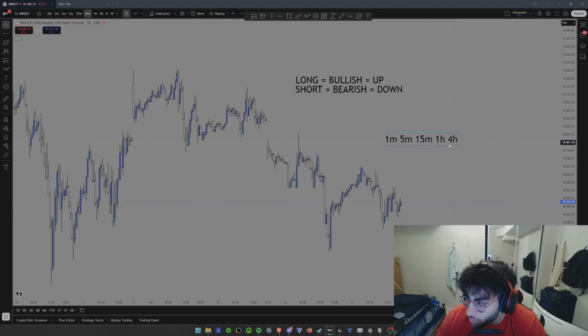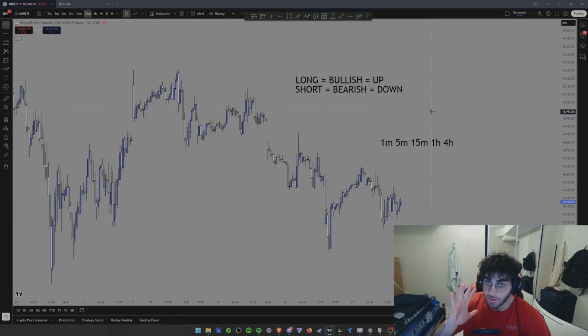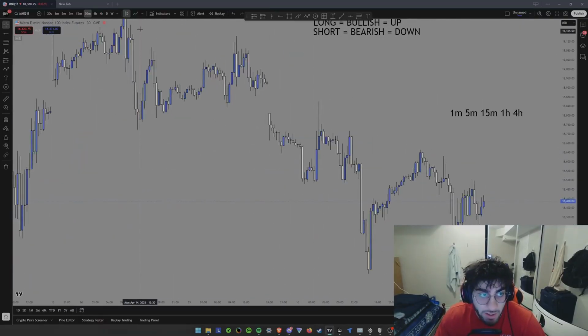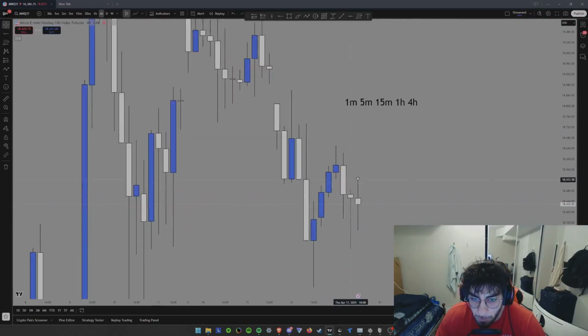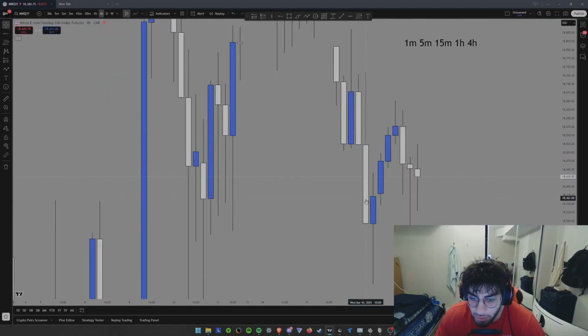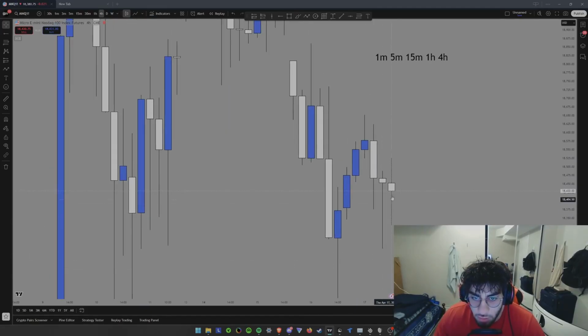For each of these time frames, I want you to find 5 candlesticks per time frame, look at them, and determine what is going on in that candlestick. So I'm going to hop on the 4 hour, and I'm looking at the candlestick at Wednesday, April 16th at 10 a.m. This is a bearish candlestick.